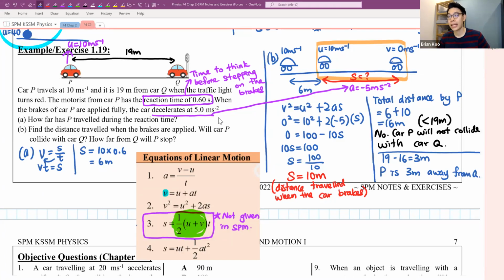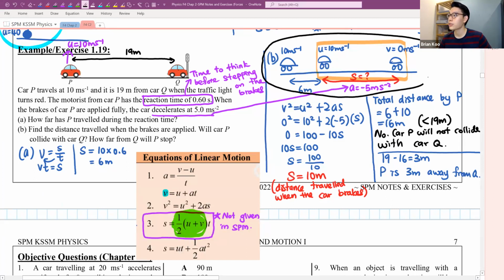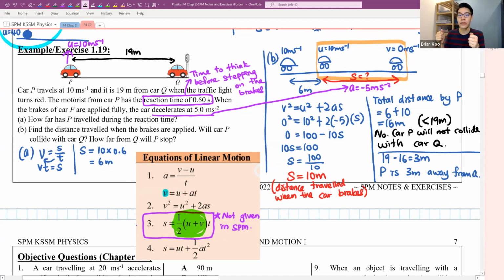And then after that, we look at part B. This is for those who are a bit confused with what is going on in part B. At first, he was driving at 10 meters per second. He continued driving at 10 meters per second for 0.6 seconds.